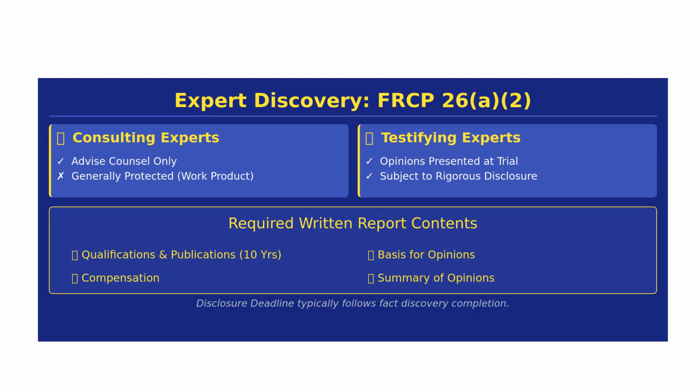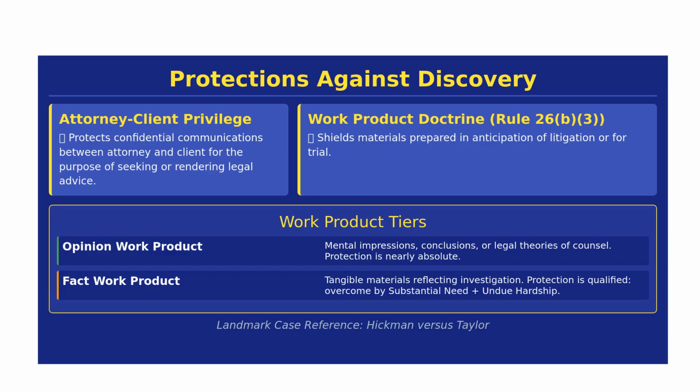This detailed exchange usually occurs on a specific schedule, often after initial fact discovery is complete, as illustrated on the timeline. Having examined what must be disclosed, we now turn to the crucial counterpoint: information that is protected from discovery.